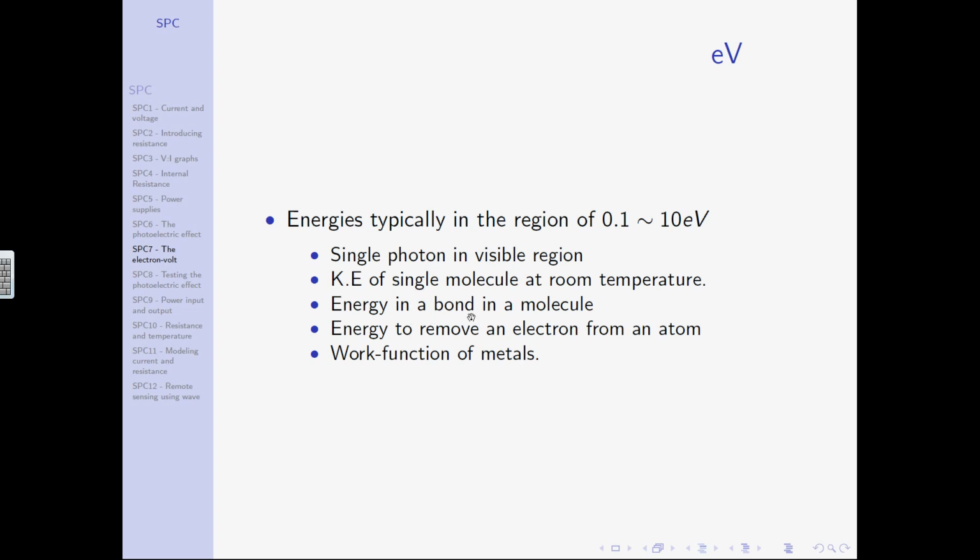If you look at the energy of a single molecule at room temperature, it's got about this much energy. If you look at the bonds in a molecule, it's got about this much energy. The amount of energy required to strip an electron from an atom is about this much. And linking back to the photoelectric effect, the work function of metals, the amount of energy required to remove an electron from a metal, is about this much.